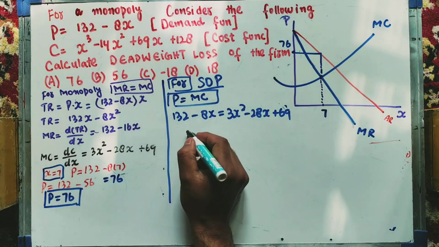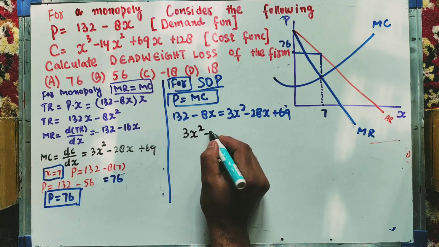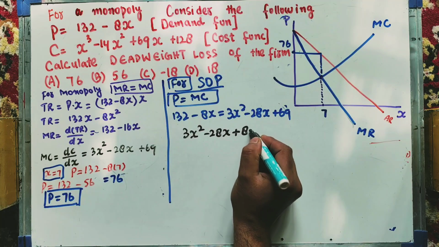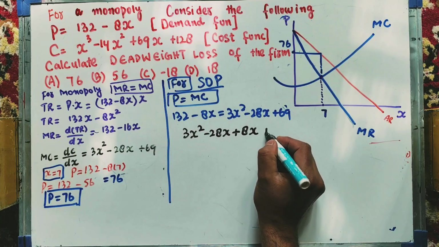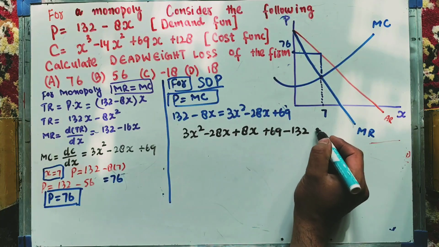So we have 3x square, and we have -28x, transpose it here, it becomes plus 8x, then we have plus 69 minus 132, and it should be equal to 0.